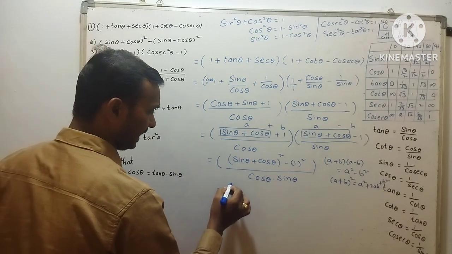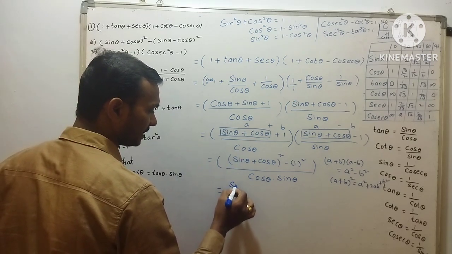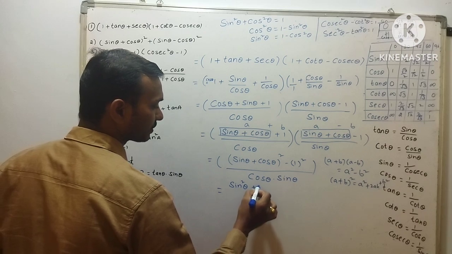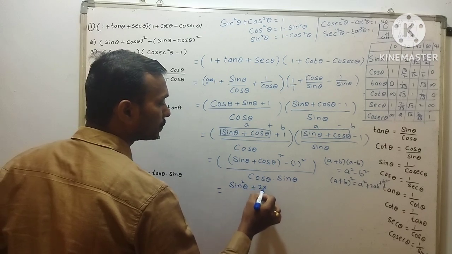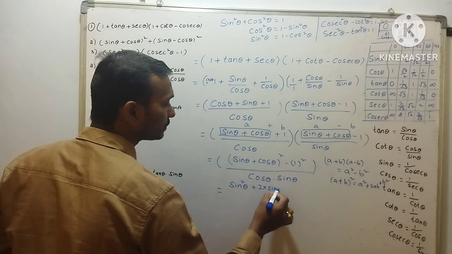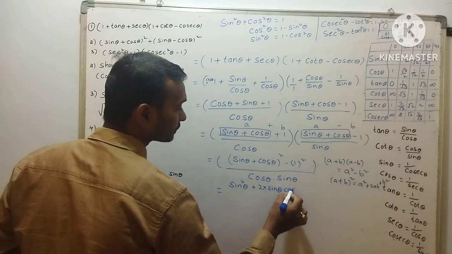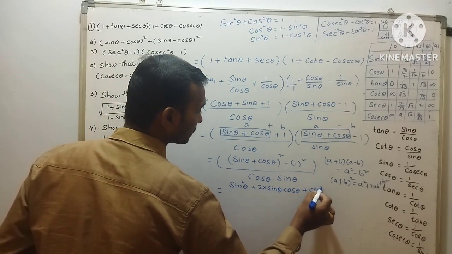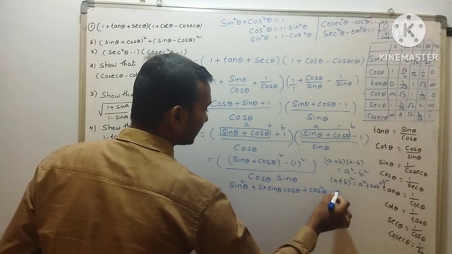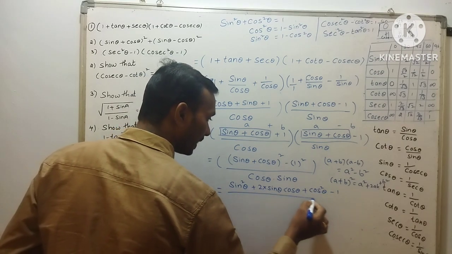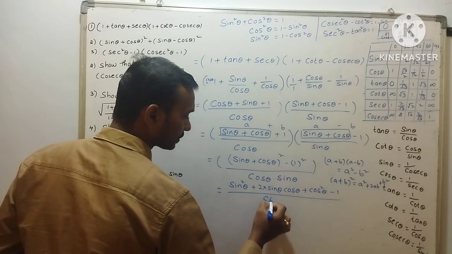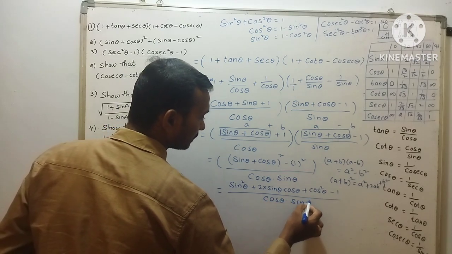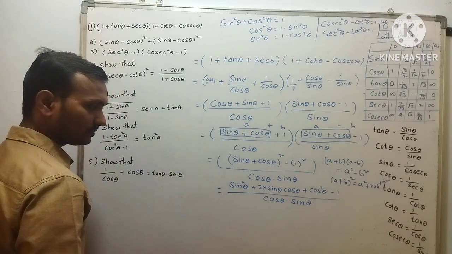So now a square is nothing but sin square theta, 2ab, 2 into sin into cos. B square is nothing but cos square theta, minus 1 by cos theta into sin theta.